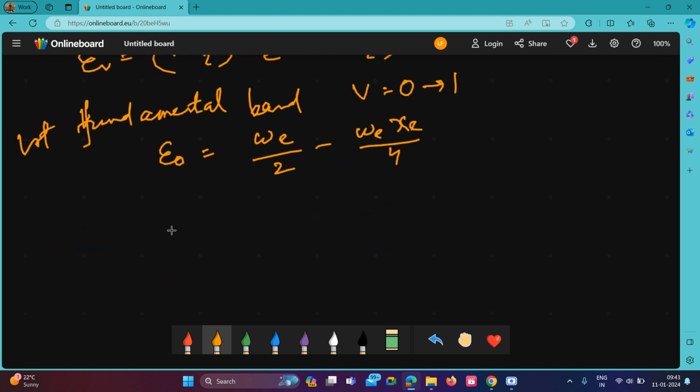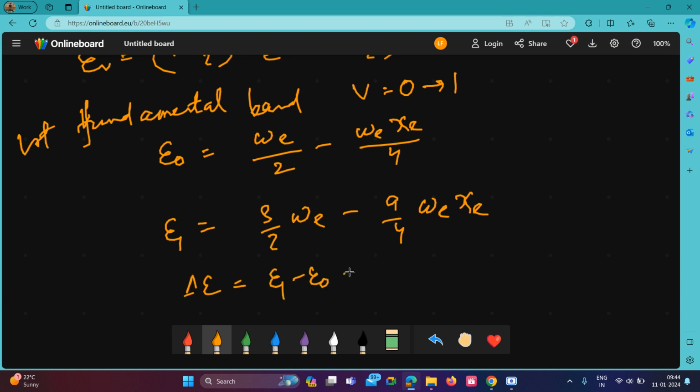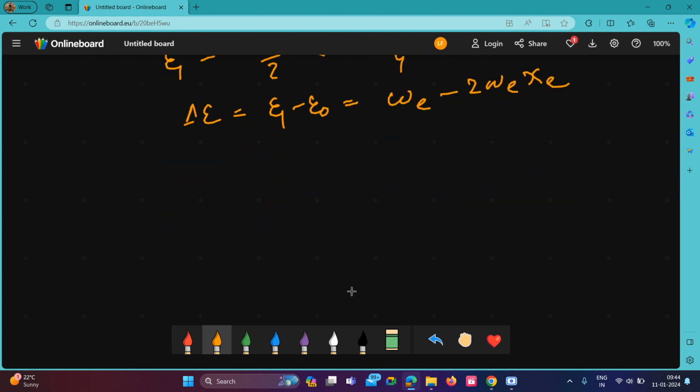E1 is 3 by 2 omega e minus 9 by 4 omega e chi e. So E1 minus E0 is omega e minus 2 omega e chi e. Now the first overtone is 0 to 2.